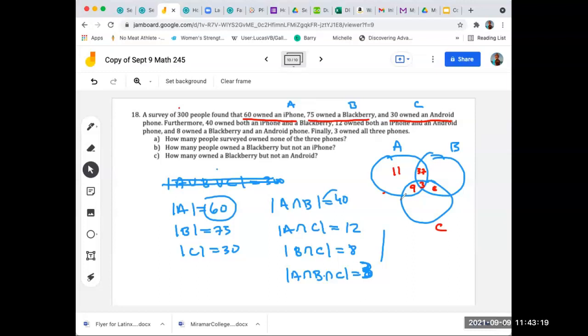Because these 3 have all 3 of them. These 37 have both an iPhone and a BlackBerry. And these 12 have an iPhone and an Android. So if I do 60 minus all these people who already have other phones, then just 11 of them have just an iPhone.